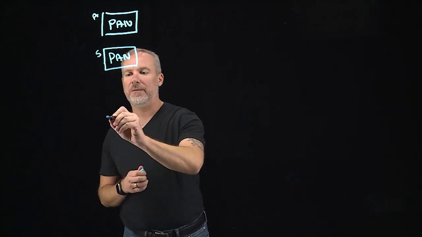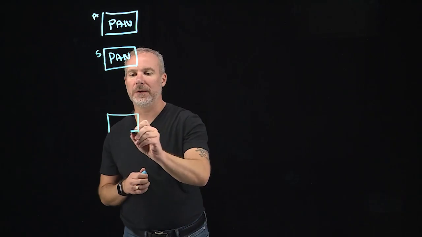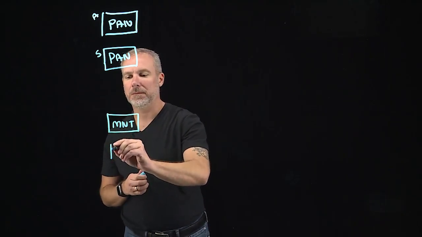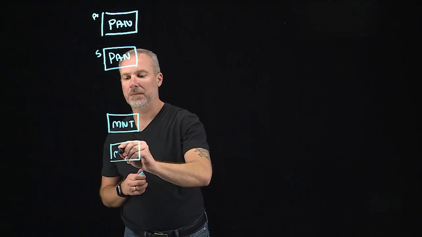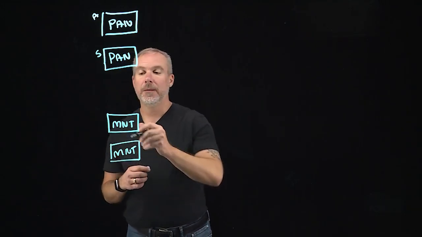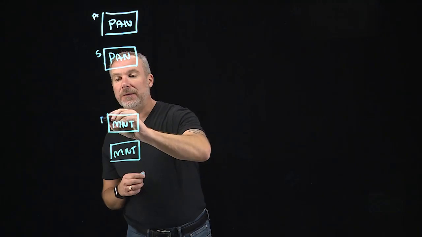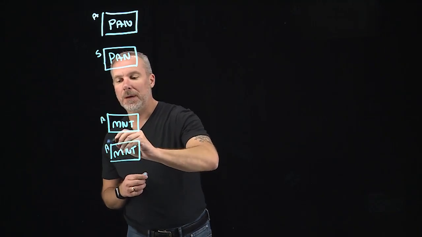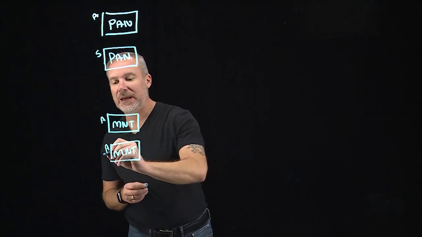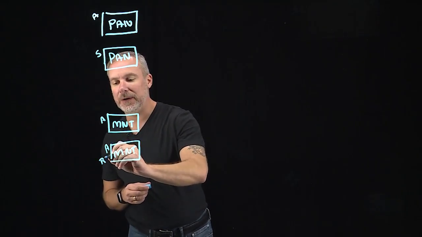Now I'm going to have my monitoring nodes. So I'm going to draw two of those. Now, if we remember right, both of these are active. What I might not have mentioned before, but let's just clarify now, is that the second guy is actually going to be read-only.